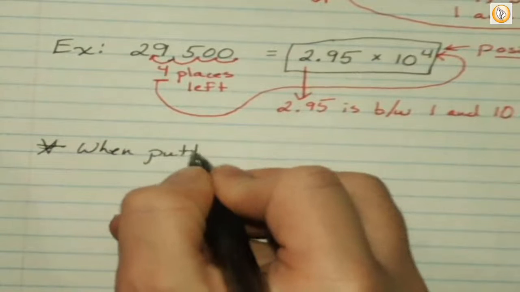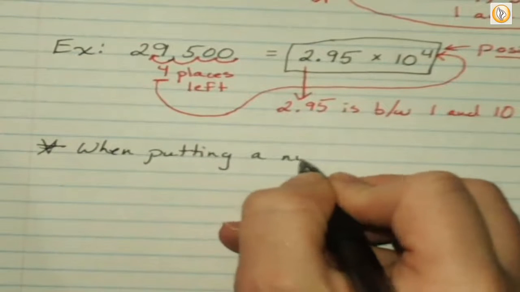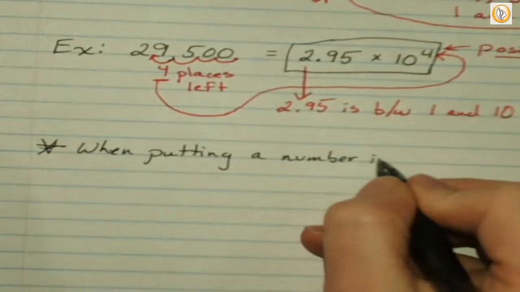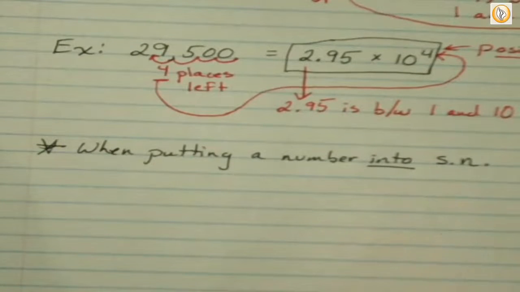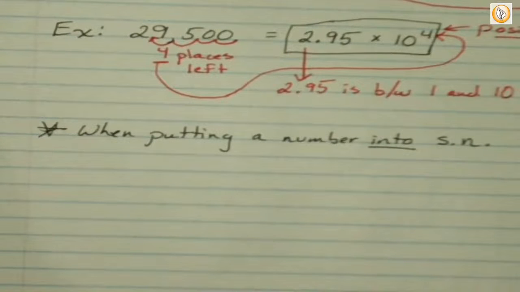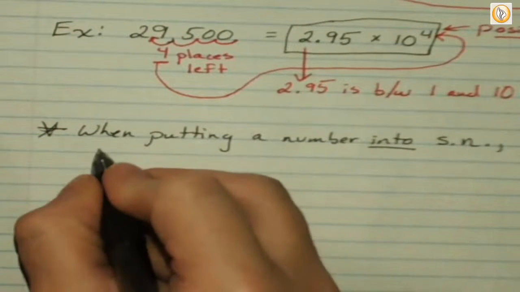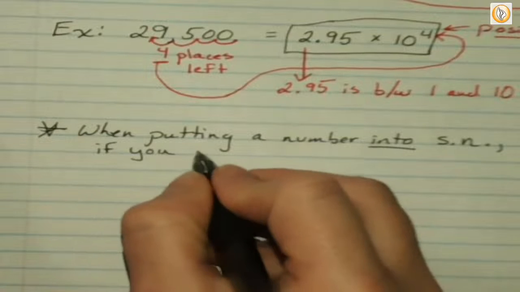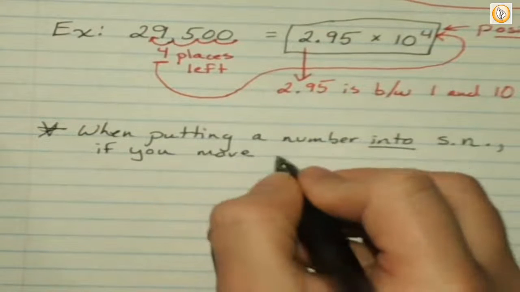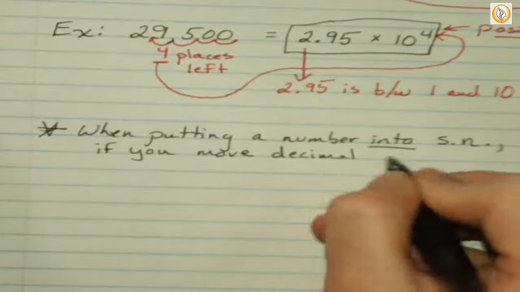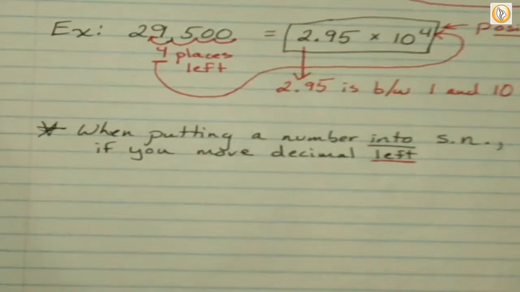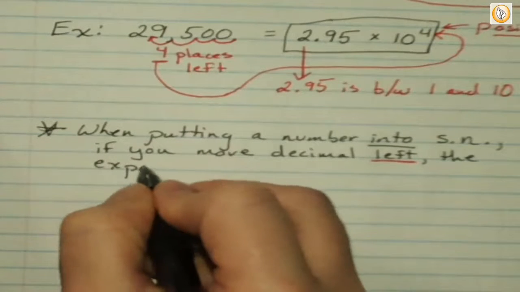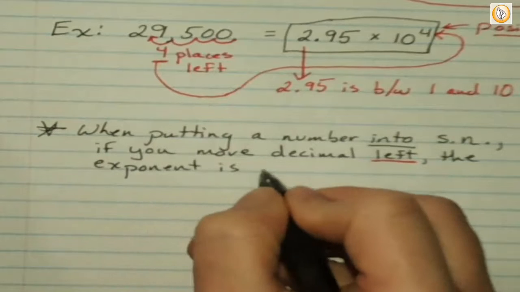When putting a number into scientific notation, I'm abbreviating it. When putting a number into scientific notation, if you move the decimal left, the exponent is positive.